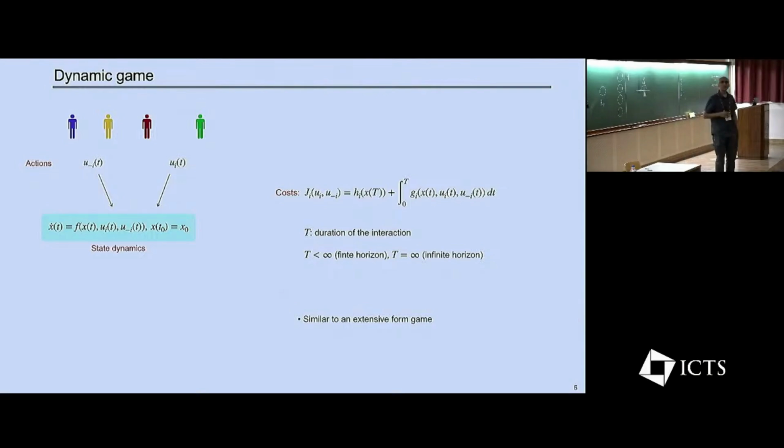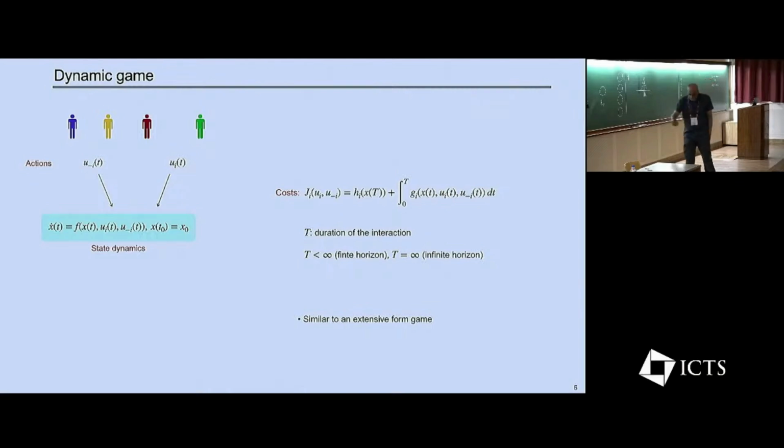So here the state could be, in the case of dogfights, the position and orientation of the agent. If you are looking at a pollution kind of example, the total stock of pollution can be seen as a state variable. And agents' actions will influence the evolution of the state. Okay? And at time t, by taking actions, each agent incurs a cost that we call the instantaneous cost.